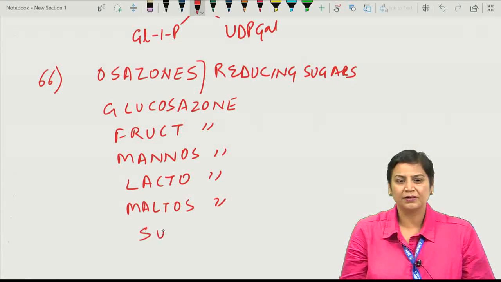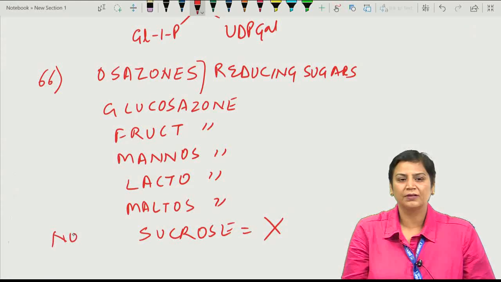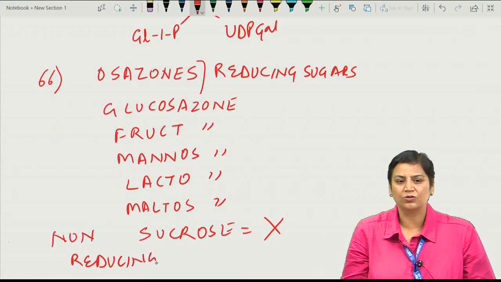Only sucrose will not form an osazone. Why? Because it is a non-reducing sugar. Except this, all the sugars will form osazones.